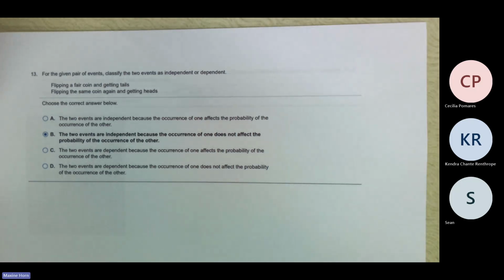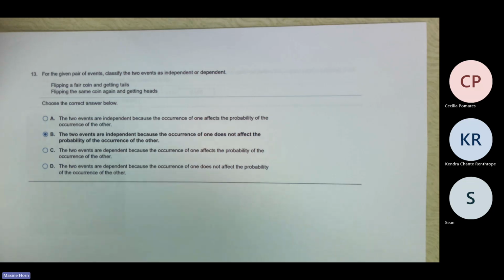The two events are independent because the occurrence of one does not affect the probability of the occurrence of the other. People get confused on this because they think, oh, it's supposed to be 50-50, so I've got less of a chance the next time. But this is an inanimate object that doesn't know what it flipped last.